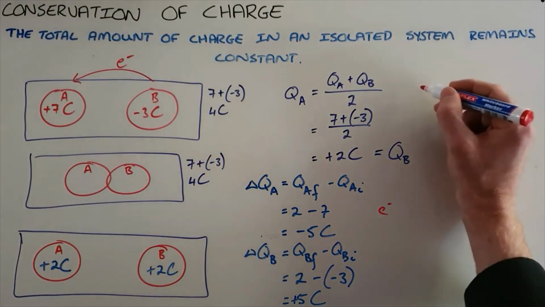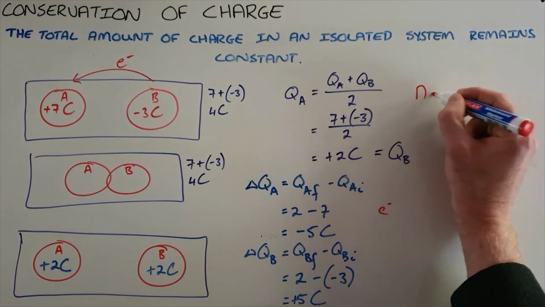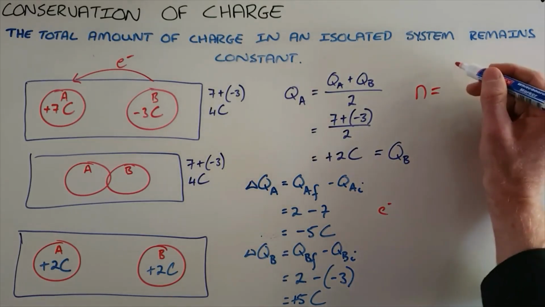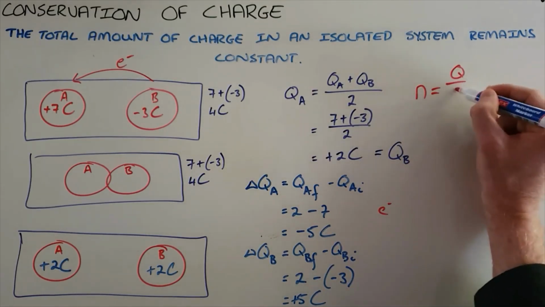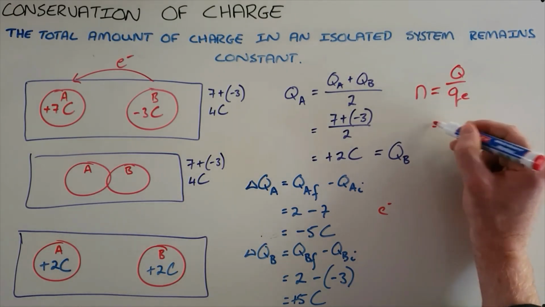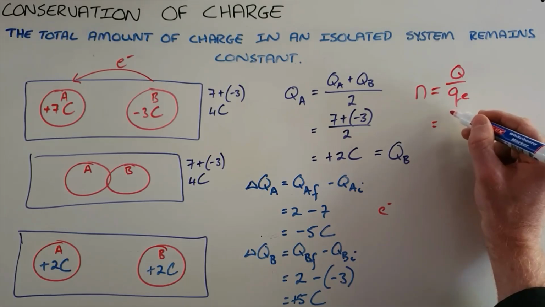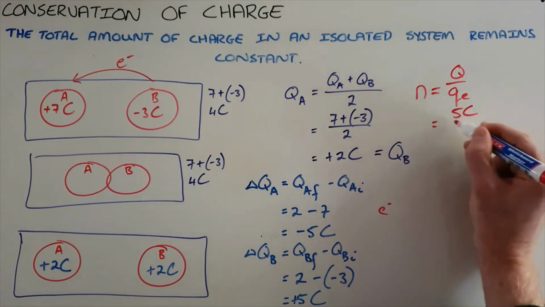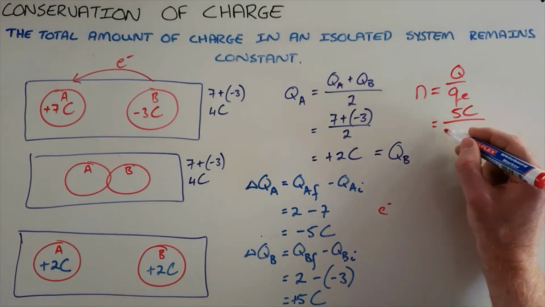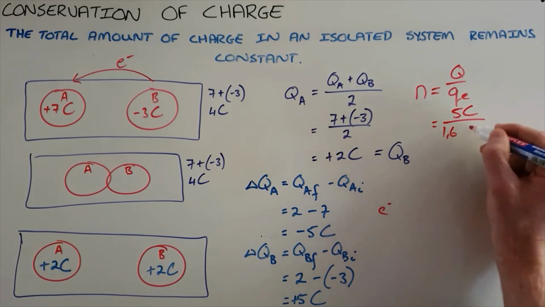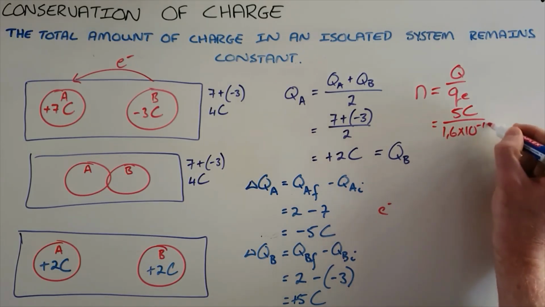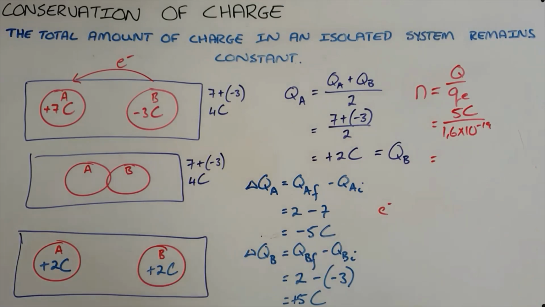We can calculate the number of electrons using the formula N is equal to Q over Qe, where we know that Qe is the fundamental charge. Our 5 coulombs of charge that were transferred divided by our fundamental charge, which is given as 1.6 times 10 to the negative 19, that is the charge on a single proton or on a single electron.